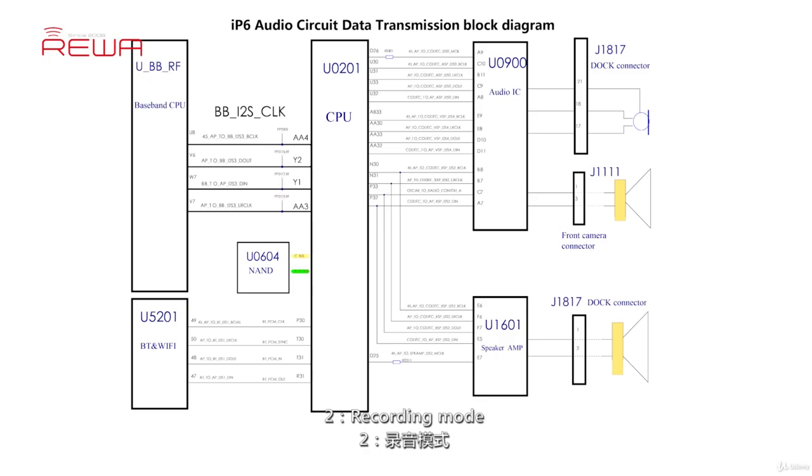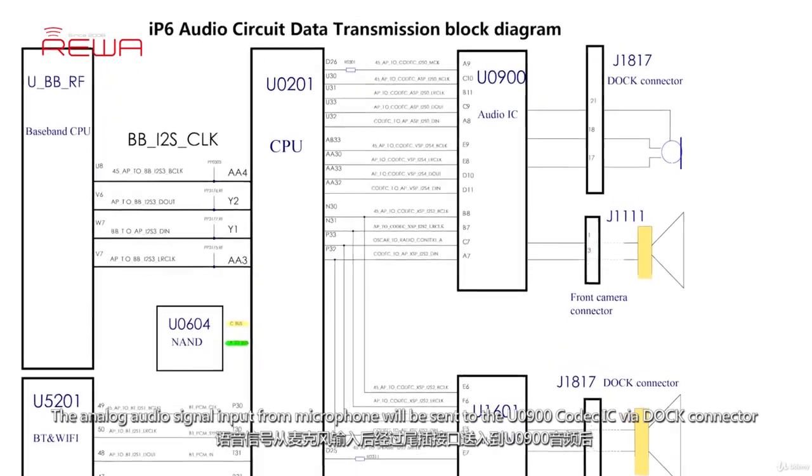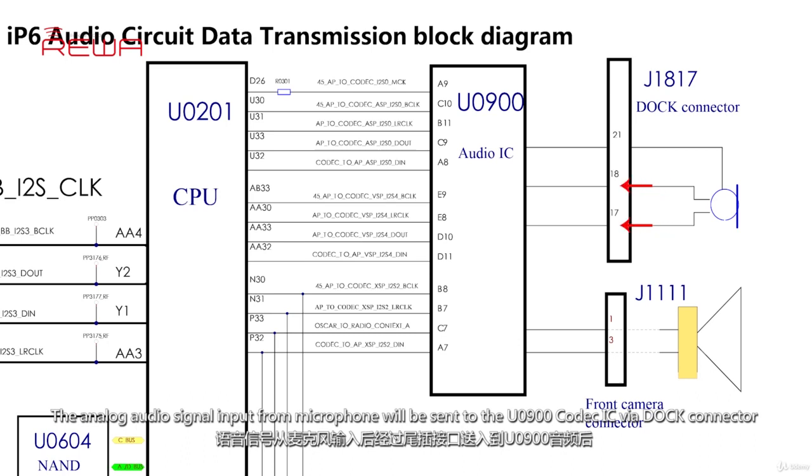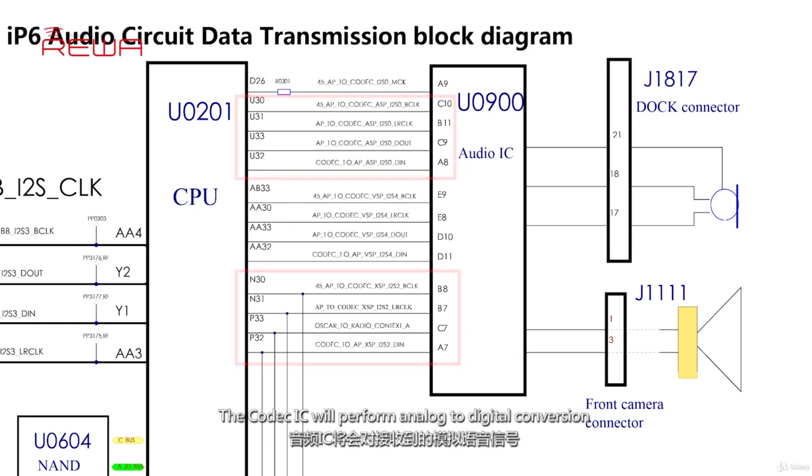2. Recording mode. The analog audio signal input from microphone will be sent to the U0900 codec IC via dock connector. The codec IC will perform analog to digital conversion and data compression for these analog audio signals, and then send the processed digital audio signal to CPU via the ASP or XSP pass of I2S bus.